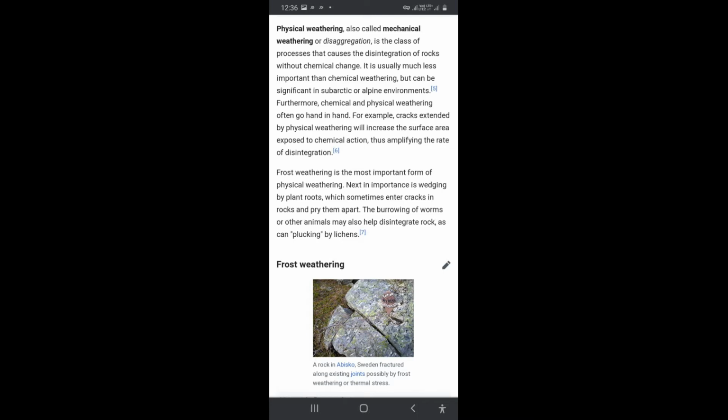In such situations, individual minerals change their structural makeup. That is, I told you, minerals are the building stone of rocks, or the building material of rocks.